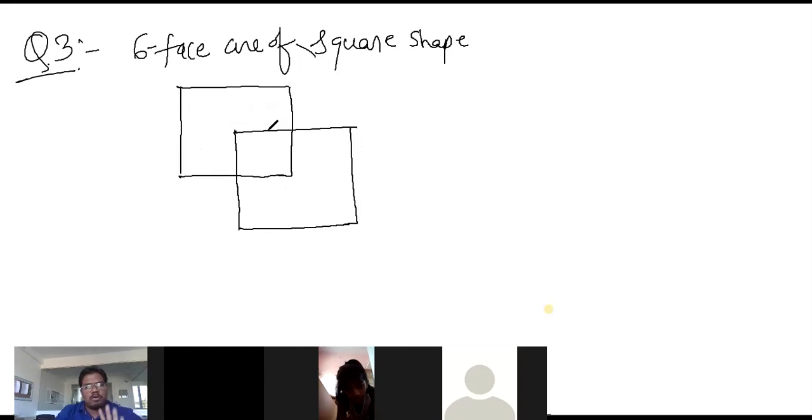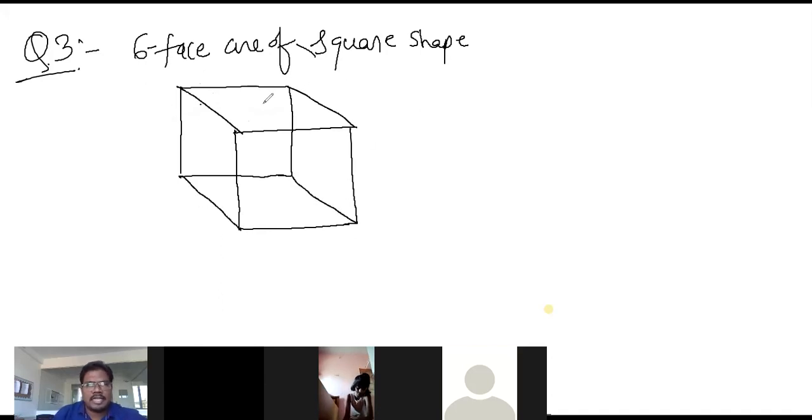Make any 2 squares overlapping each other. First we make this square, then another square. Then you join this one, this one, this one.